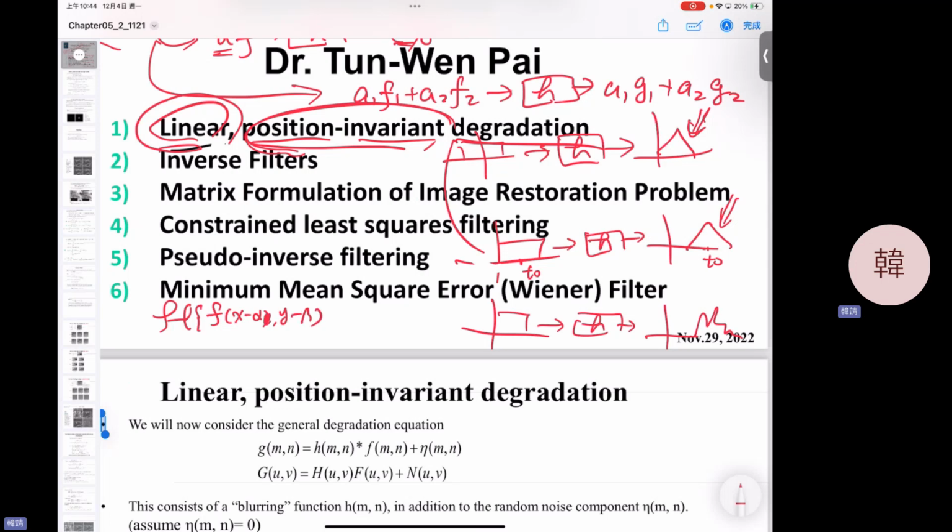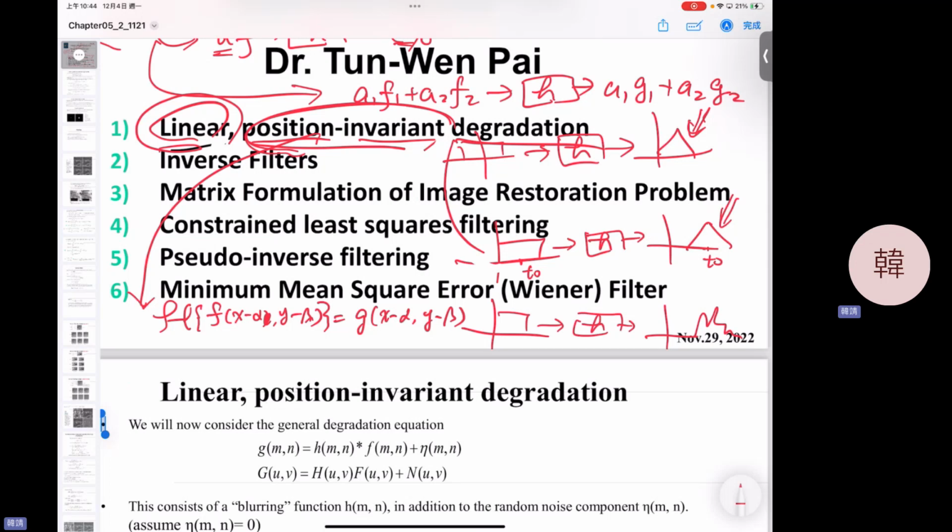In your system, the input is f and the output is g, and if you shift in the x direction and y direction by alpha and beta, the result will be g with x minus alpha and y minus beta, the same. So it's very straightforward to represent spatial invariant characteristics.